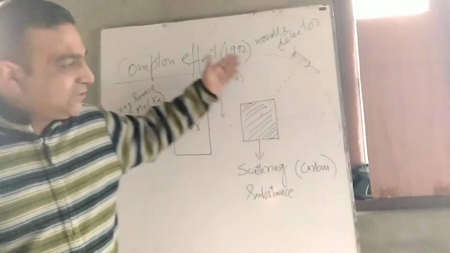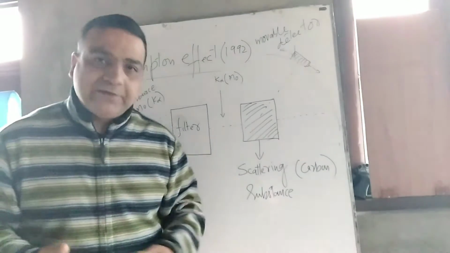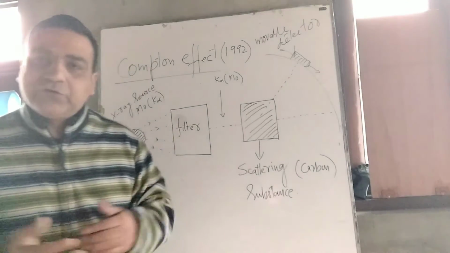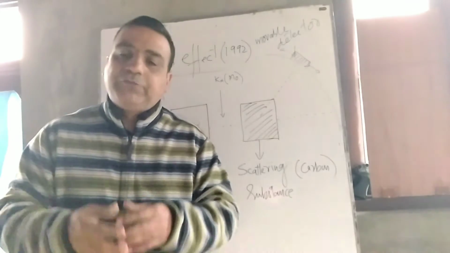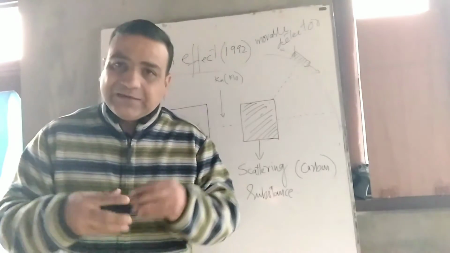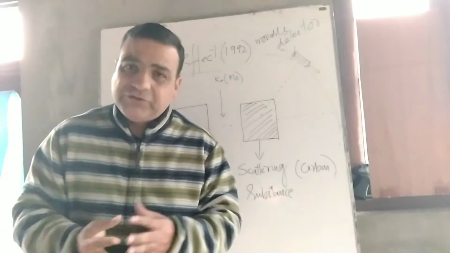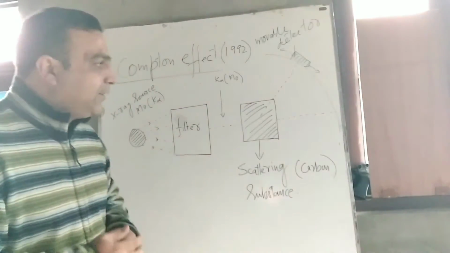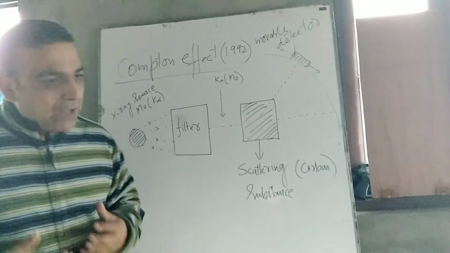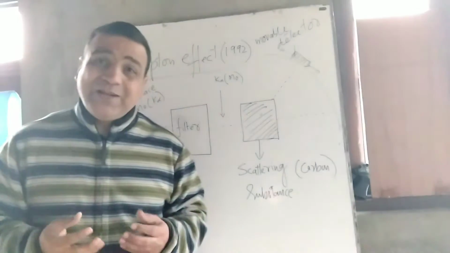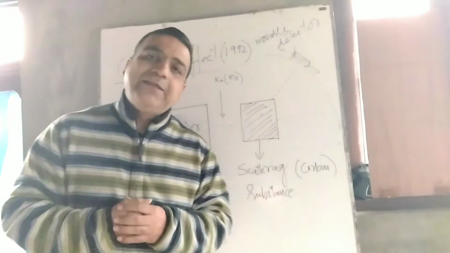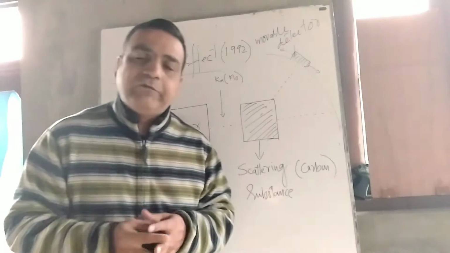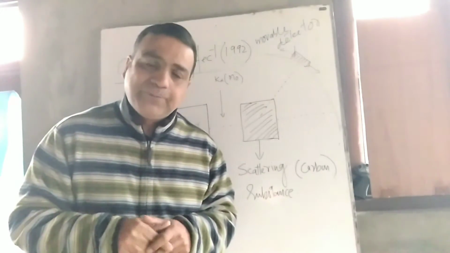But to the surprise, what was obtained was the presence of frequencies less than, with less energies than that of the incident radiations. So this outcome of this experiment was explained by Compton himself, and he used the idea of Max Planck.